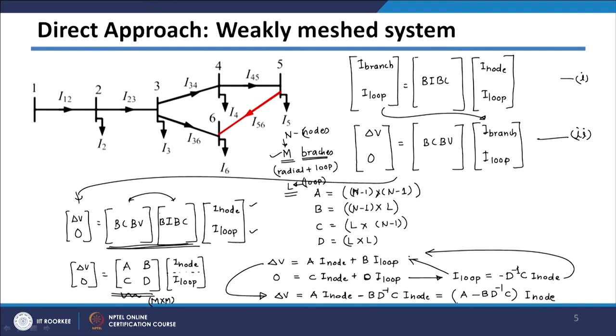So now we have got this matrix here, which will become your new DLF matrix, distribution load flow matrix, similar to your radial system. So for a weakly mesh system, your DLF matrix will be equal to A minus B into D inverse C. And your algorithm will remain exactly the same as we are using for the radial system.